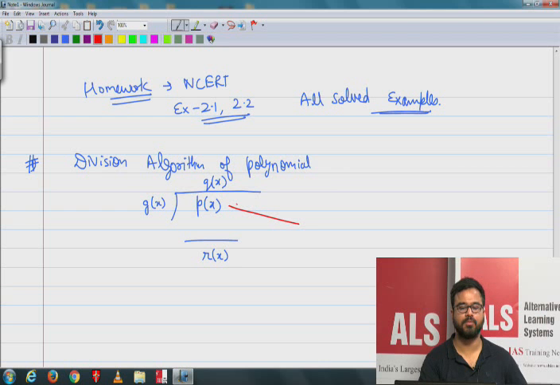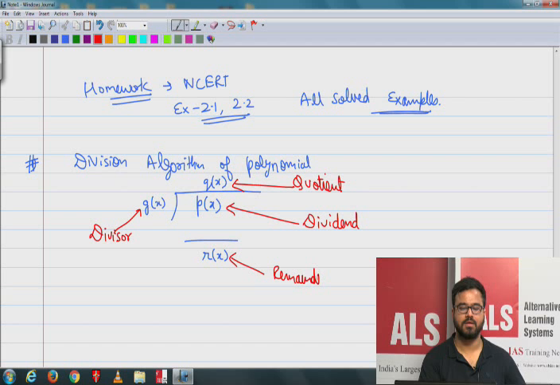The polynomial which we are dividing is called the dividend. The polynomial by which we are dividing is called the divisor. On the top, you already know, that is called the quotient, and in the last, that is called the remainder.